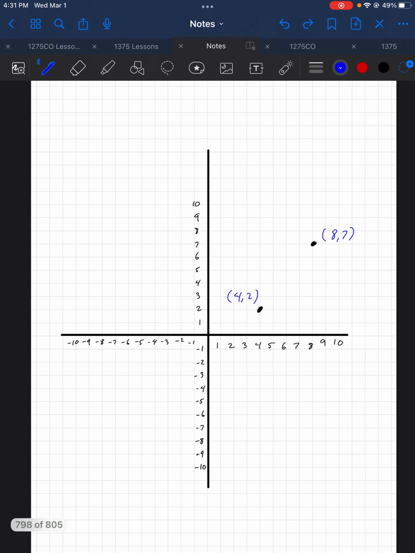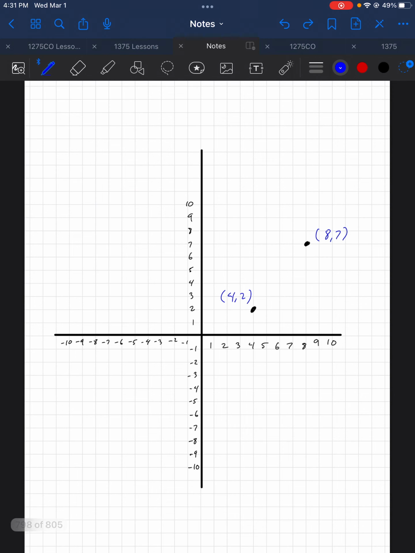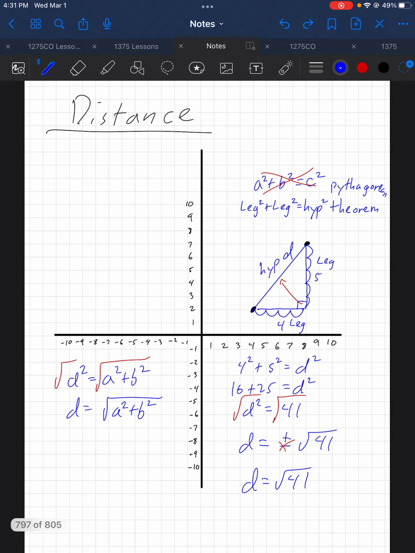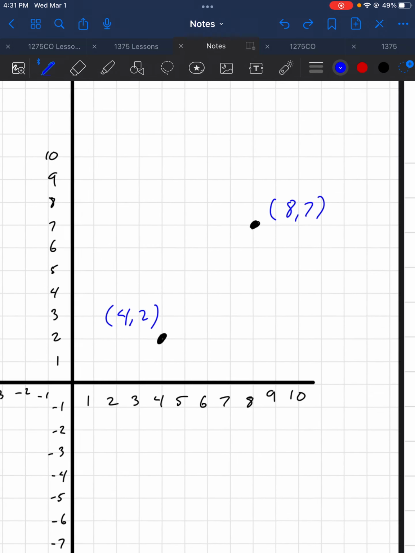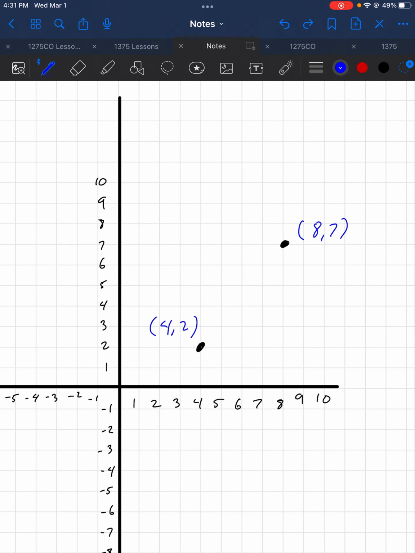So let's re-look at these 2 points and the distance between them. If you haven't noticed, these points have ordered pairs. 8, 7 is the point on the upper right. 4, 2 is the point on the lower left. And what we did before was, again, drew these 2 lines, one vertical, one horizontal, creating a right angle.